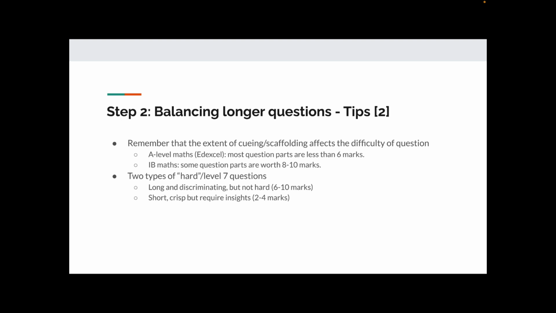Or the short and crisp questions that require insights. These are usually worth 2 to 4 marks. For A-level, it tends to be evaluate this model. Voila. For IB, there's going to be some tricky question on what would happen if. It's usually what-if scenarios that can go here as well.